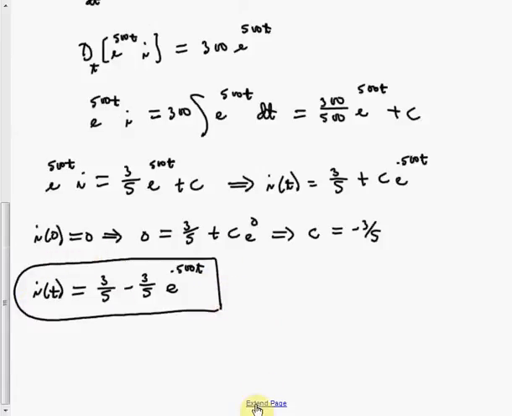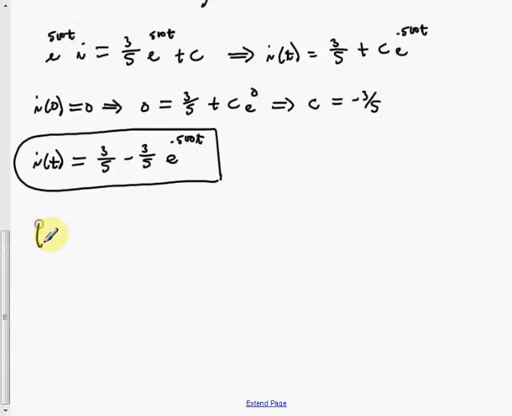So then it says, what's the current as t goes to infinity? So as time increases, what can we say would be basically the boundary for the so-called current? Well, we just investigate the limit.